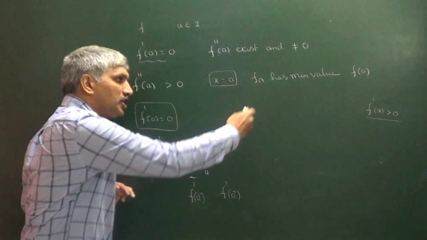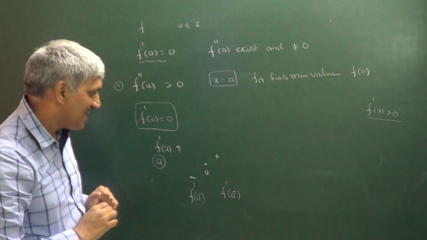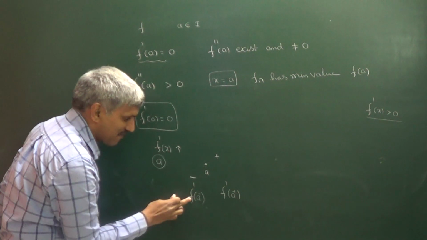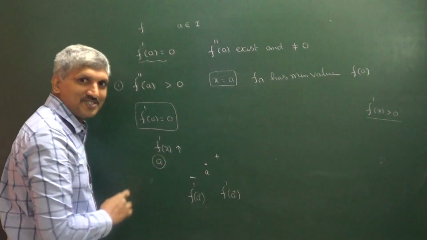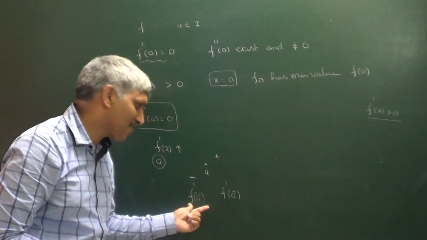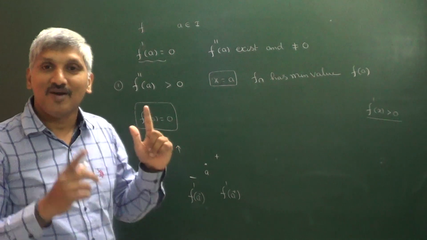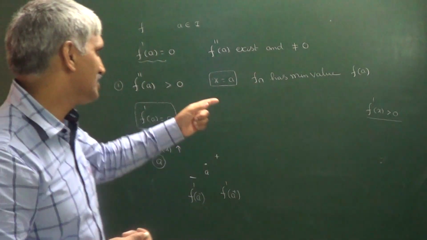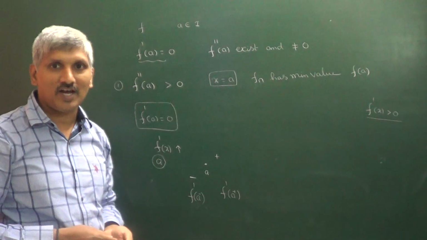The reason is it is an increasing function. Right? Now what happens? As x values are increasing through a, f dash changes its sign from negative to positive. Negative to positive means we have local minima. So that is the reason at x is equal to a, the function has a local minimum value.